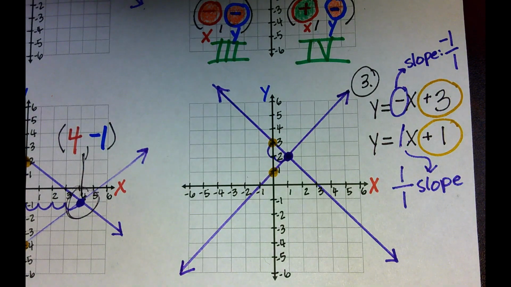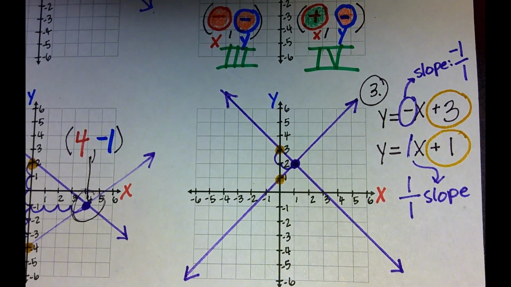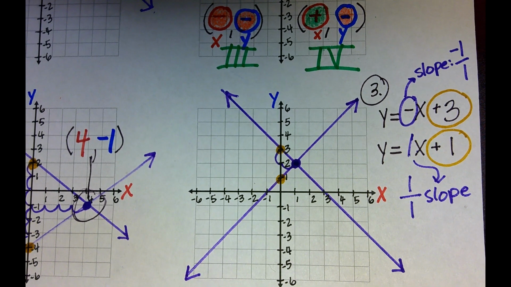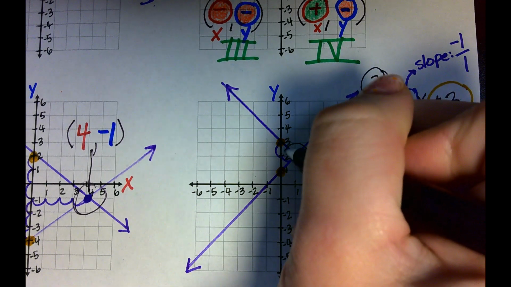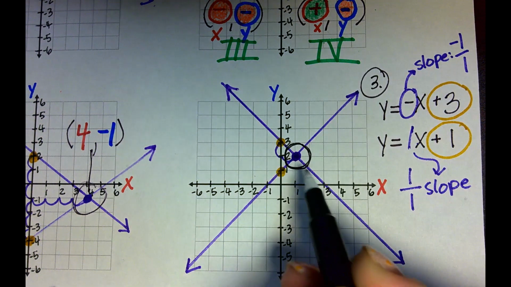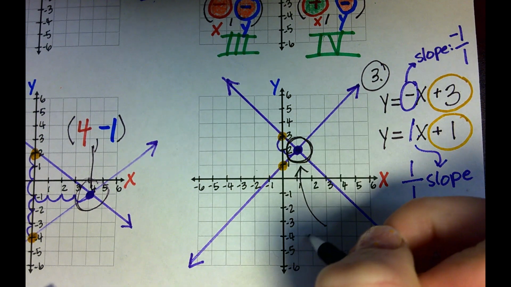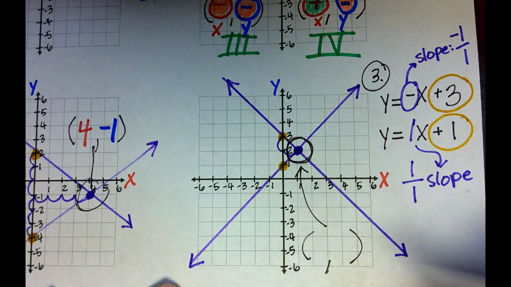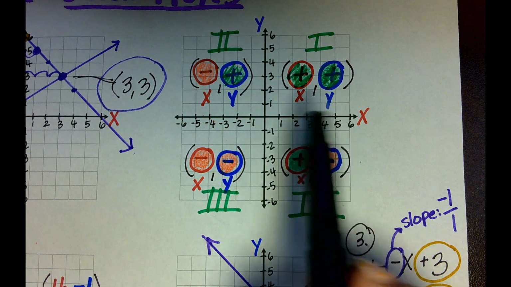All right, so we have our lines graphed. What's the last thing I need to do in a system? Write our coordinates. Yes, we need to write and label our coordinate. The intersection is the solution. So we see that this coordinate is in the first quadrant.